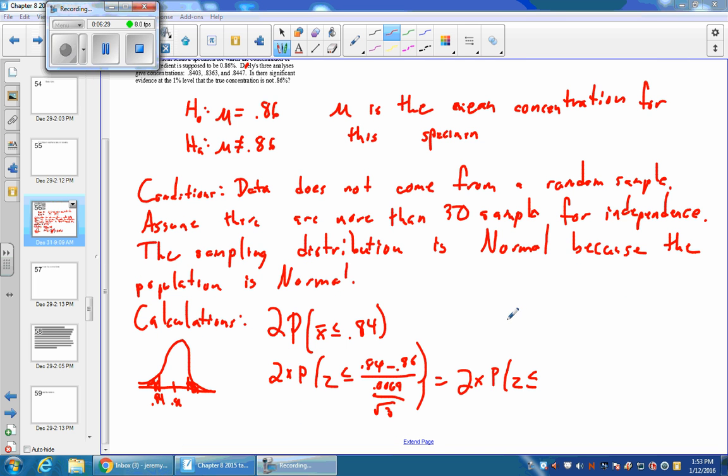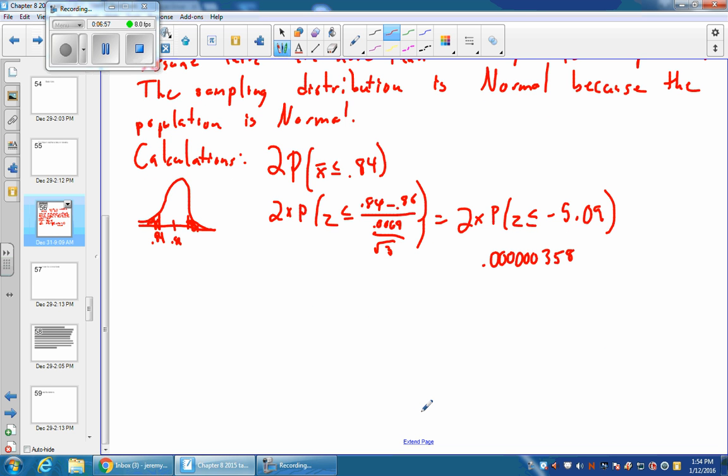We got a z-score of negative 5.09, and the probability that's less than that is from negative infinity up to negative 5.09. If I multiply that by 2, I'll still get a very low number. I got 0.000000358, so on. So that's a very low value.